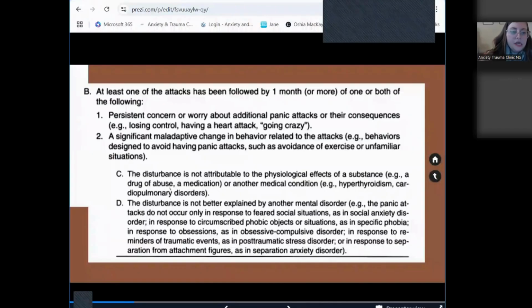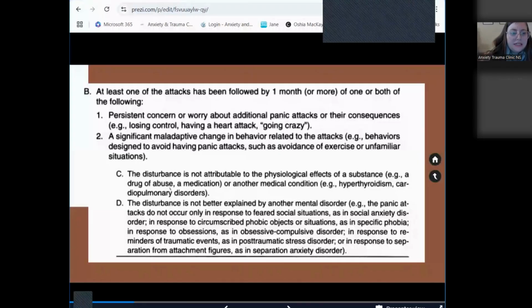And number 2, a significant maladaptive change in behavior related to the attacks. For example, behaviors designed to avoid panic attacks, like staying home, avoiding exercise, or avoiding unfamiliar situations, because in unfamiliar situations we feel like we have less control. Maybe we do have less control, maybe it's just perceived, but we go through that defense mechanism. So one of those or both.